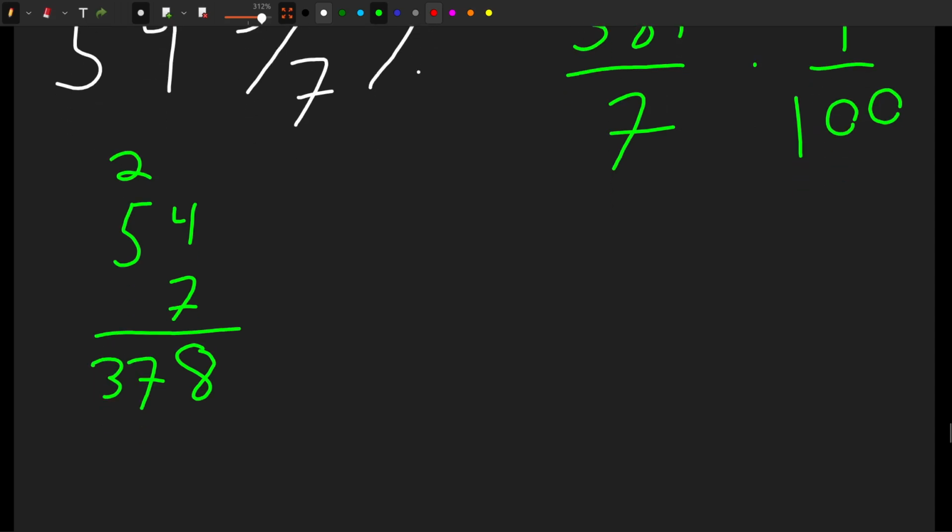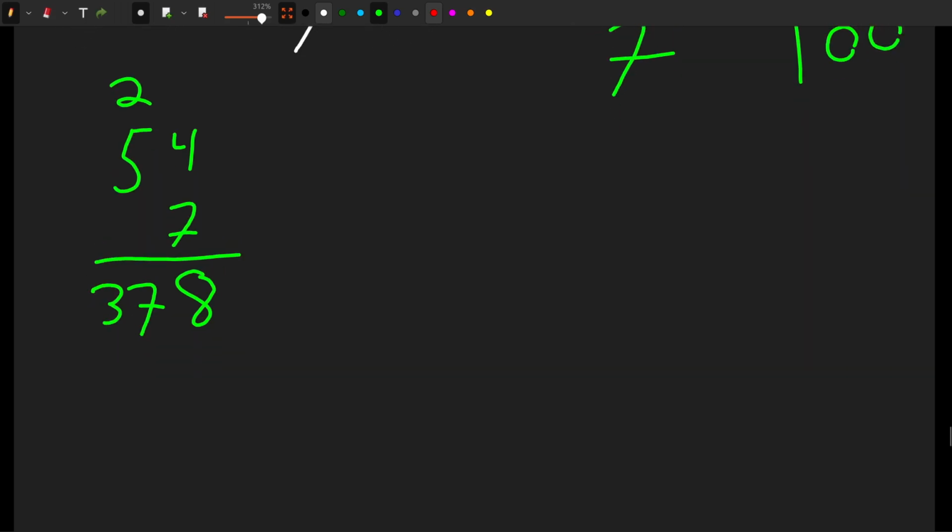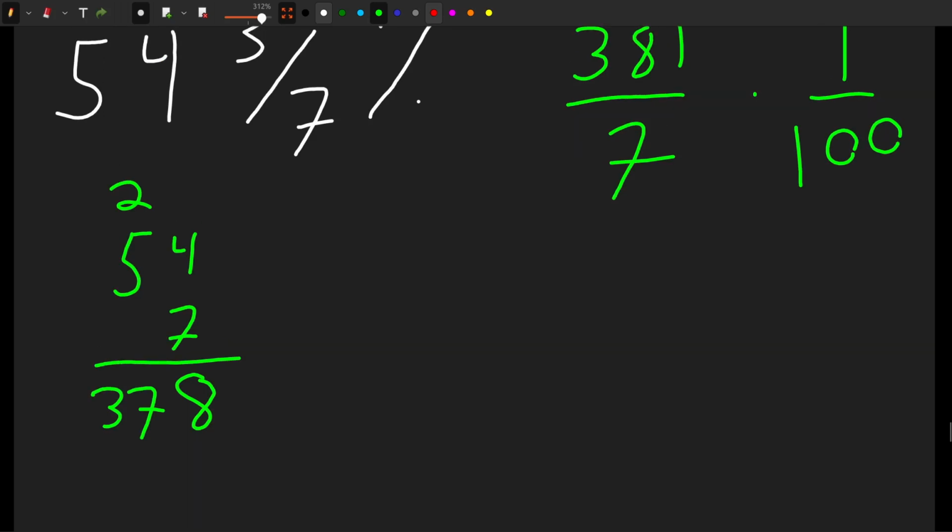And so here, 381 times 1, 7 times 100. 381 is divisible by 3, but it's not divisible by 2. And so keep in mind, 100 only has 2 and 5 as factors.